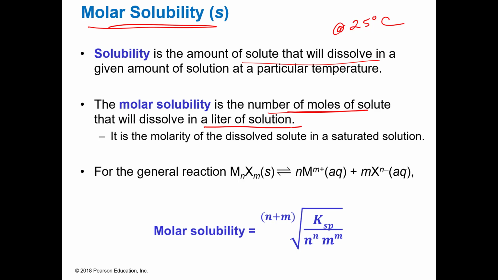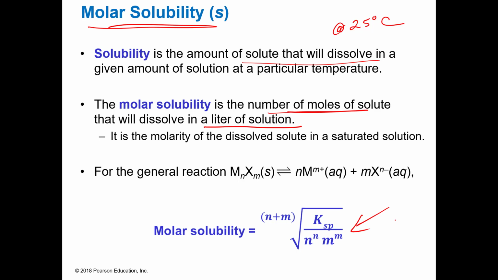So it's the molarity of the dissolved solute in a saturated solution. Saturated meaning we put all of it we can in there, and anything else that goes in is going to precipitate out.